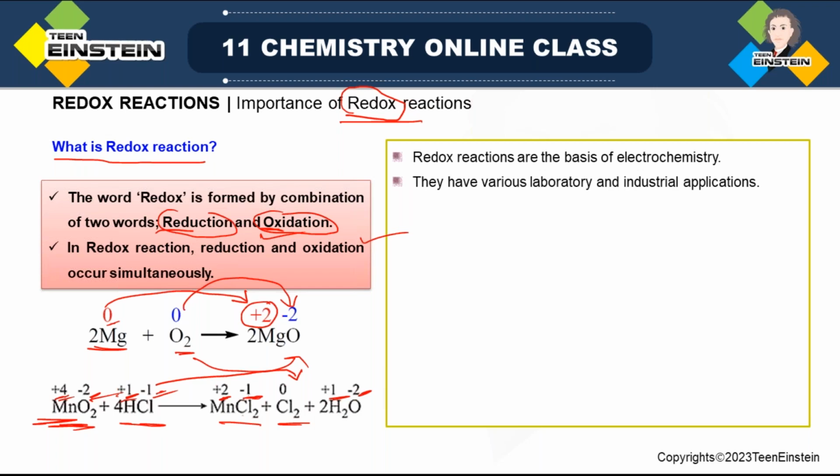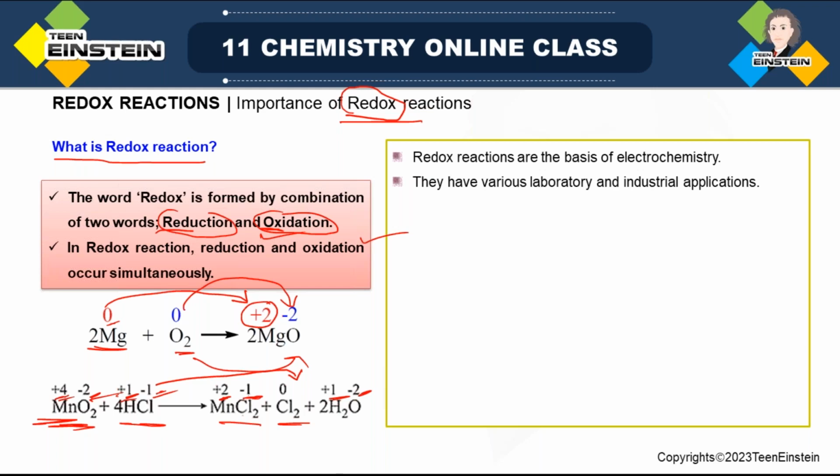They have different types of laboratory applications as well as industrial applications. Laboratory application means small scale application. We can qualitatively or quantitatively find out some cation that is present in a particular salt. For that we should have a clear idea about redox reactions, otherwise we will not be able to understand the theory of those experimental observations.